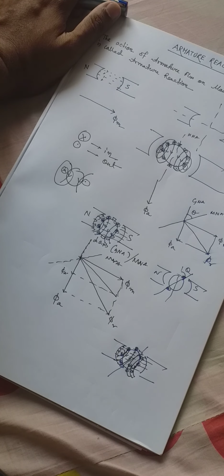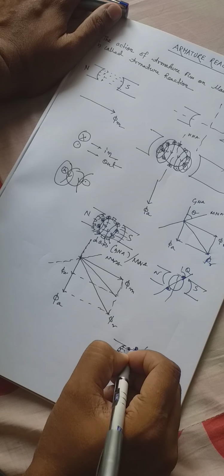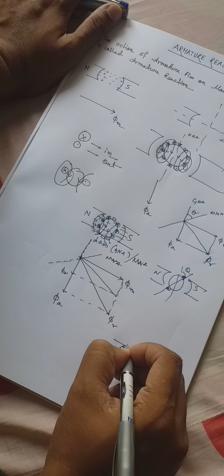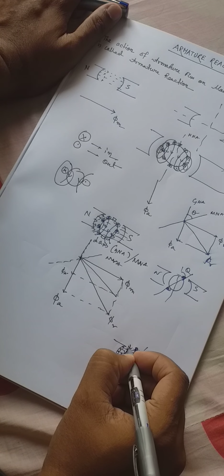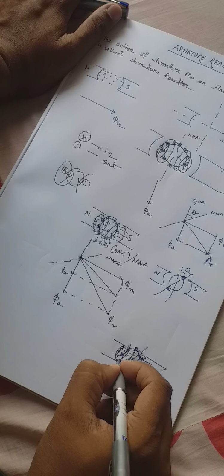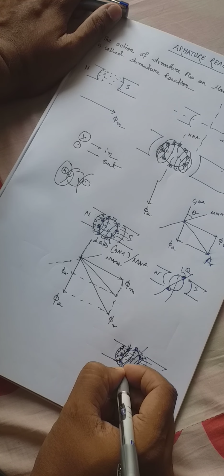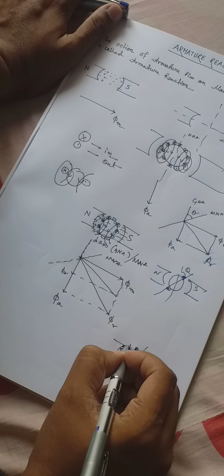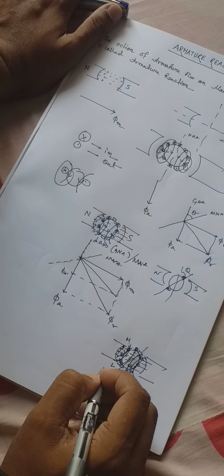So if we notice in that position, this flux is coming that way, and there is a flux also going through this way, and in this position flux is coming that way and this flux is that way. So the resultant flux is more here and less here because this nullifies that.